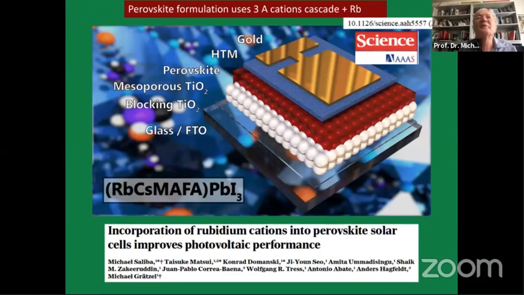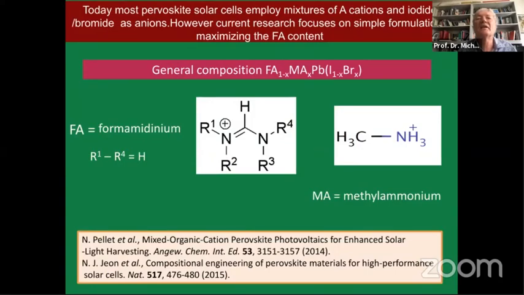And so people studied the more complex systems. But at the moment, actually, today, the trend has inverted because the highest efficiencies are obtained with formamidinium-rich formulations. That's a fact. The more formamidinium you have in your system, the better your efficiency.